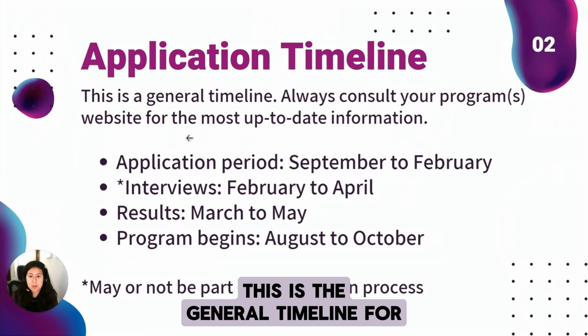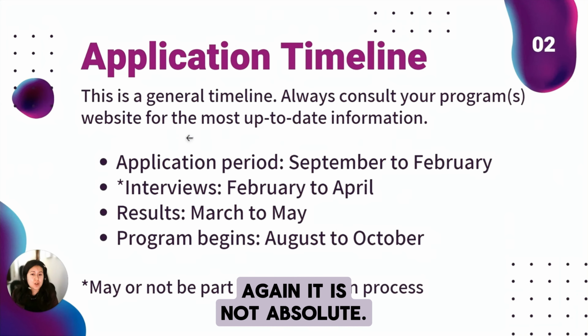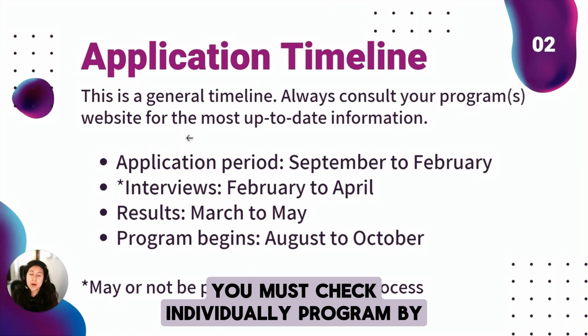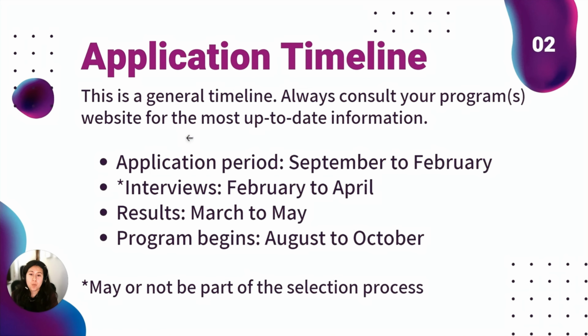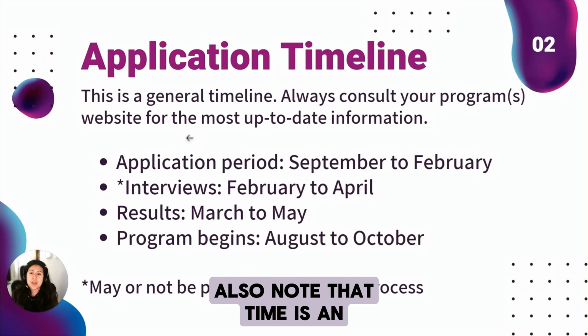This is the general timeline for the application cycle. Again, it is not absolute. You must check individually, program by program, what the specifics are. Also, note that time is an important piece to consider.